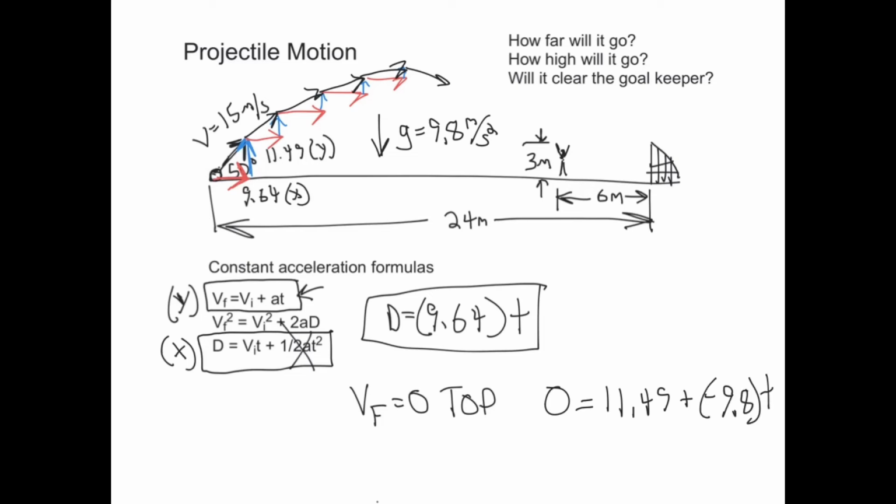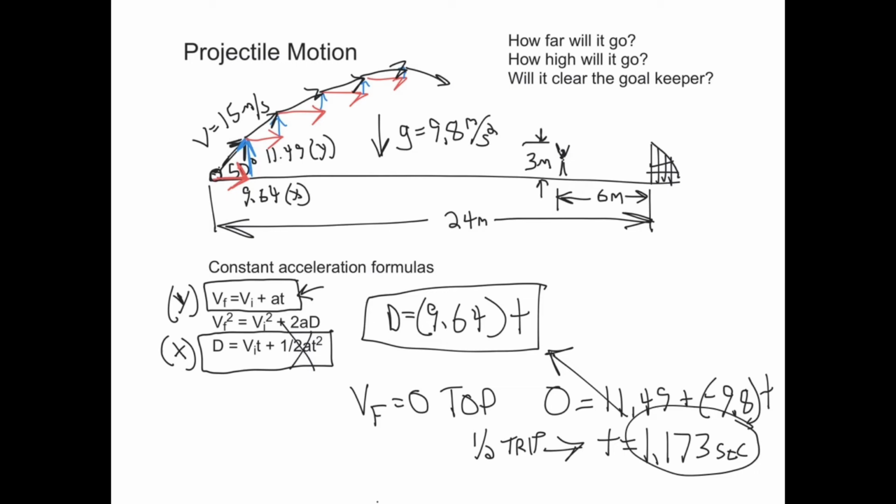And we're going to find the time for half the flight to be 1.173 seconds. And again, that's the time for half the trip. So if we wanted to find the time for the whole trip, we would just simply double it. It is symmetric because gravity's having the same effect on the way up as on the way down.